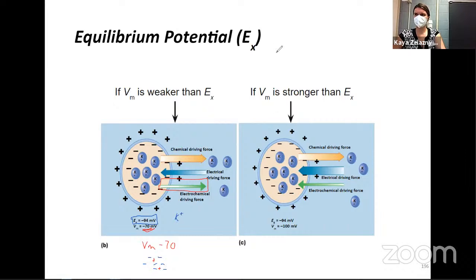So as we have positive ions, those cations, those potassium ions in this case, leaving, nothing is happening to the anions, so they're kind of shining through. This makes the cell more negative when those positive ions leave. So as we have more and more potassium leaving the cell, we get closer and closer to this negative 94. So that's what it really means about the membrane potential being weaker than the equilibrium potential.